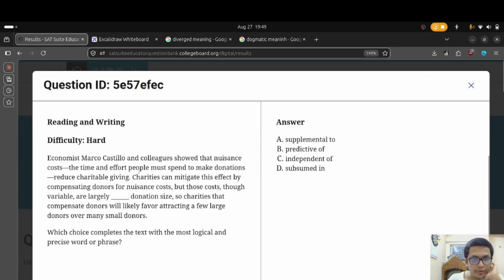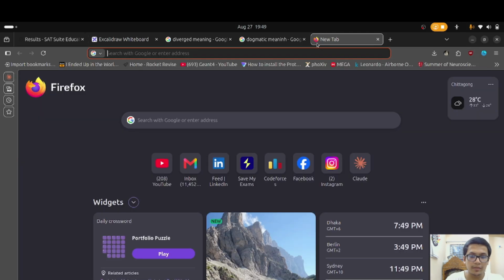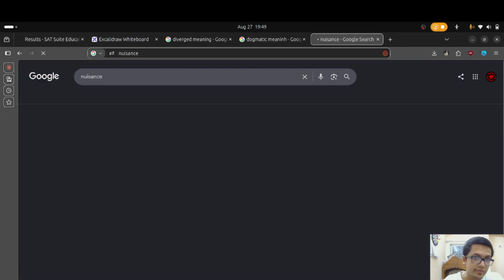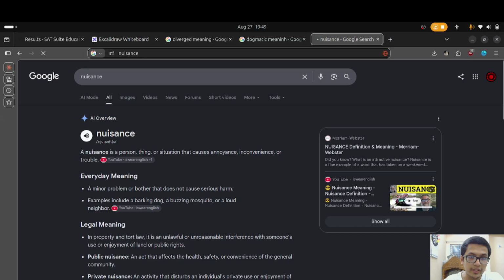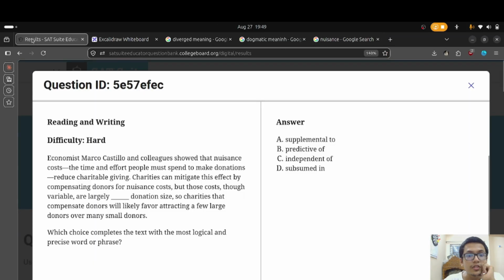So the nuisance cost reduces charitable giving. Charities can mitigate this effect by compensating donors for nuisance costs. What does nuisance mean? Nuisance means something negative that causes annoyance.